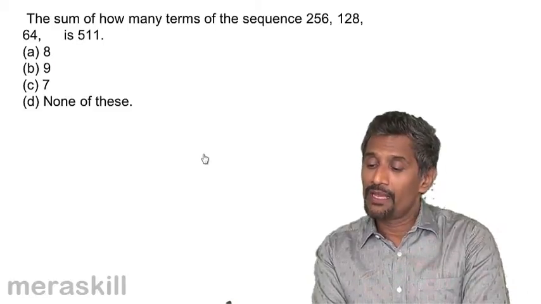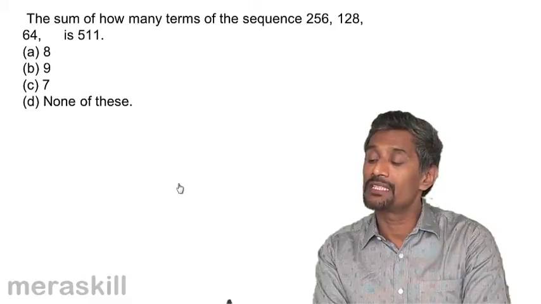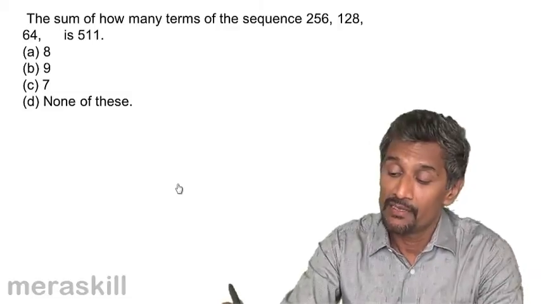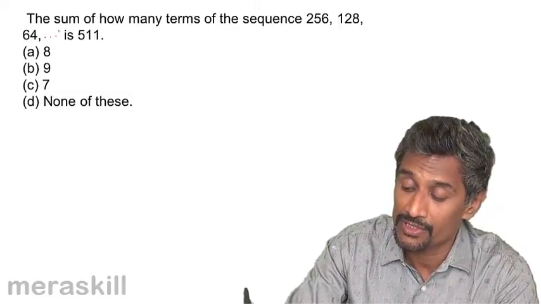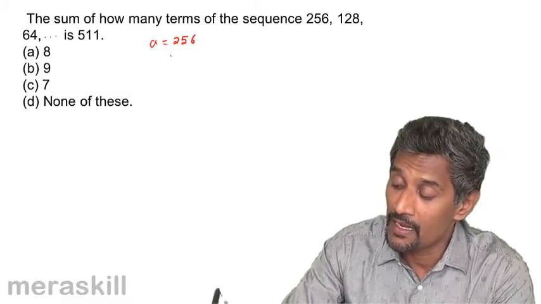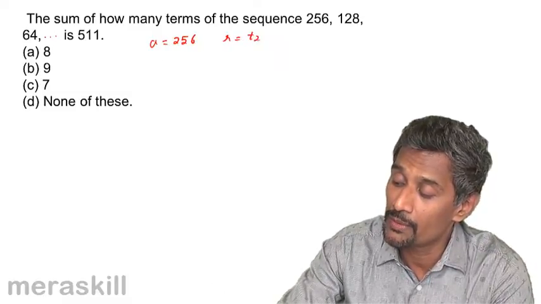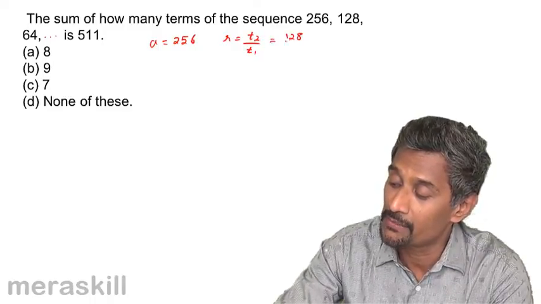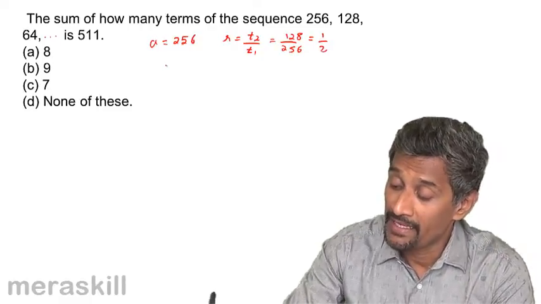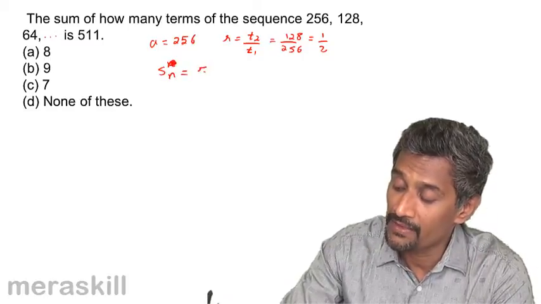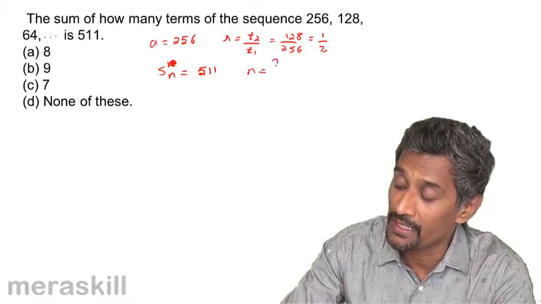Okay, now here we have: the sum of how many terms of the sequence 256, 128, 64 is 511. So which means a is 256, r, which is going to be T2 upon T1 or T3 upon T2, is 128 by 256, which turns out to be half, and Sn is 511, and we need to find n.